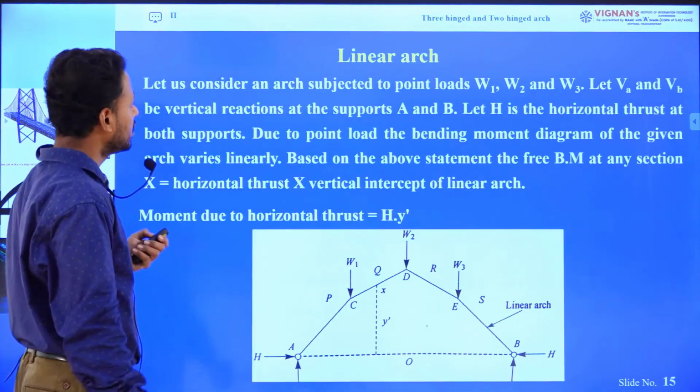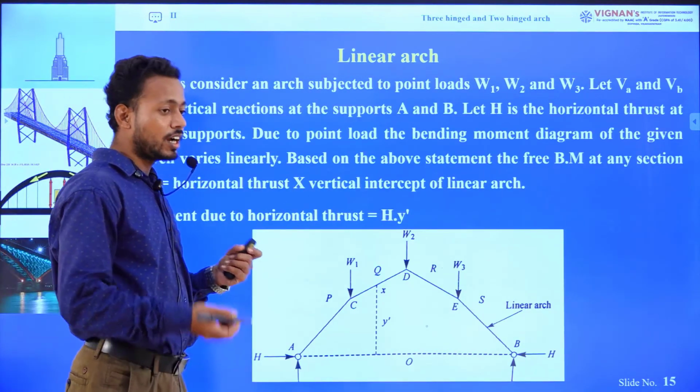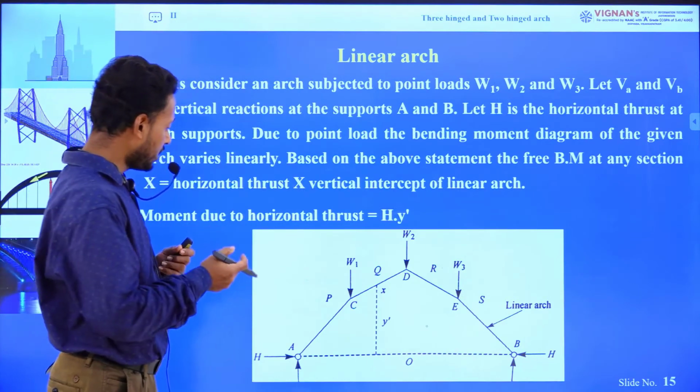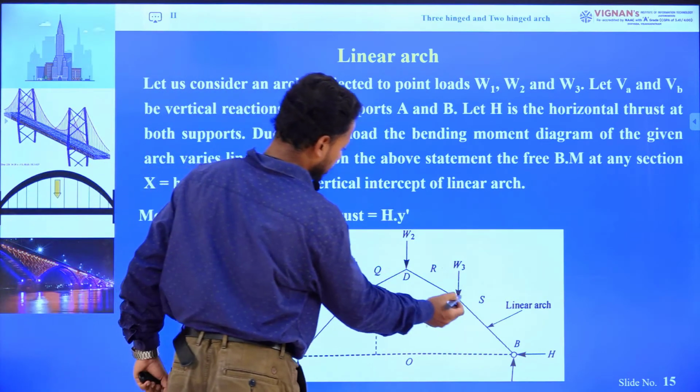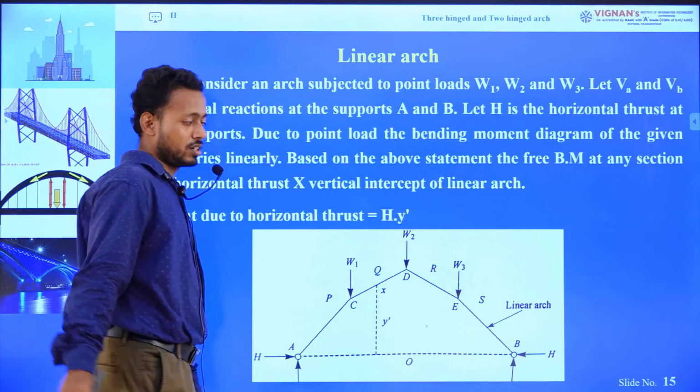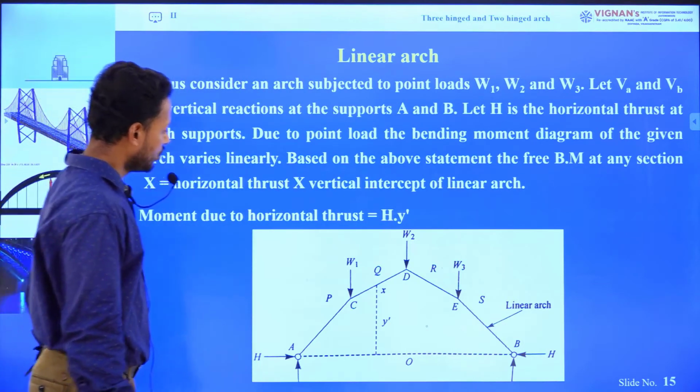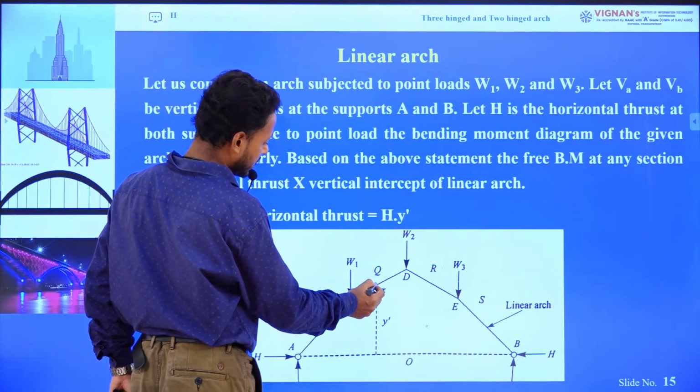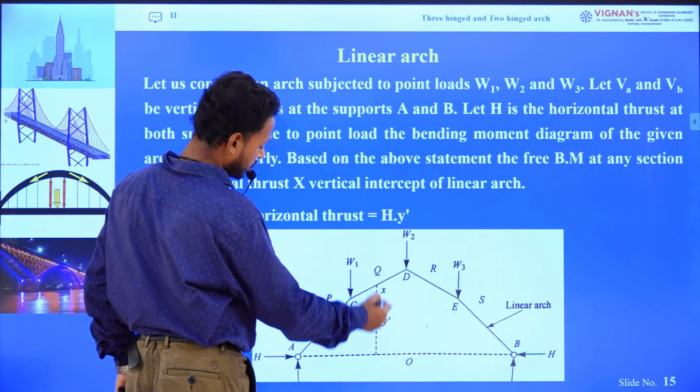Now come to the linear arch. The linear arch is just similar, but the lines are straight lines, and then it is called a linear arch. So now we will calculate the bending moment at the same position, at x, y position.